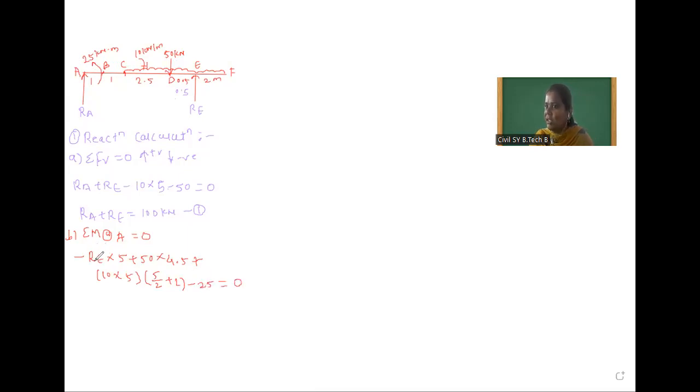Now I will shift this RE into 5 to the right side. You do these calculations. Which is equal to how much? Yes, I want the answer from Aditya.